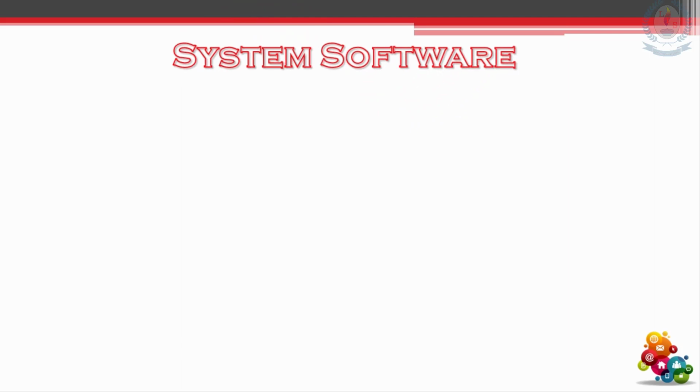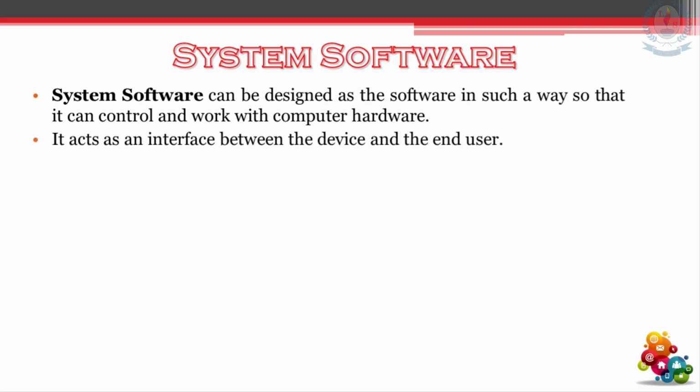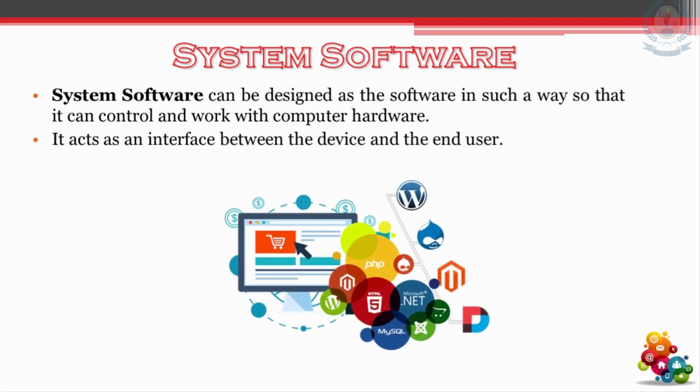In this slide, I am going to explain what a system software is. Then tell me, what is a system software? I think you already know. So children, system software is a software on a computer that is designed to control and work with computer hardware.